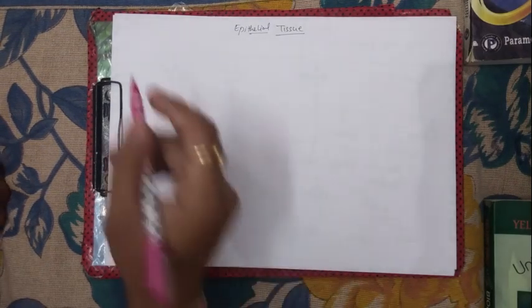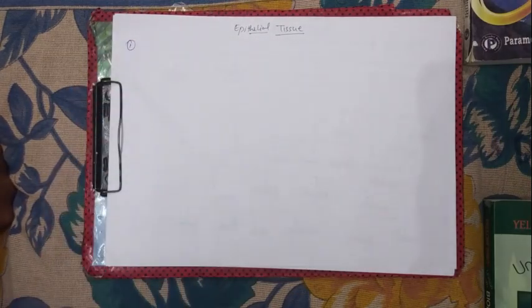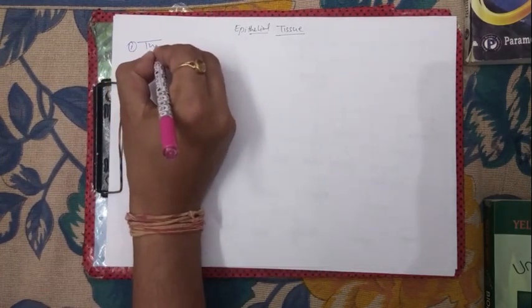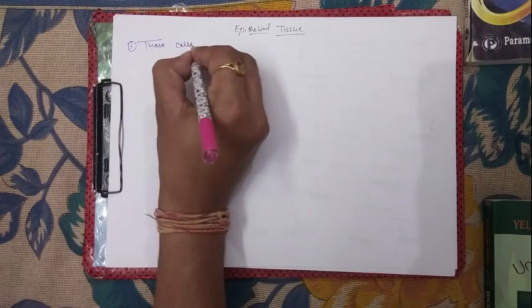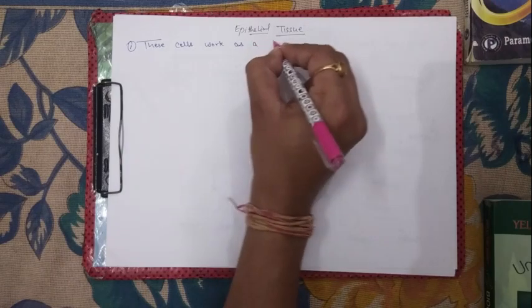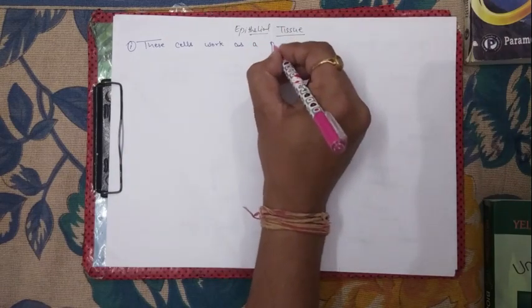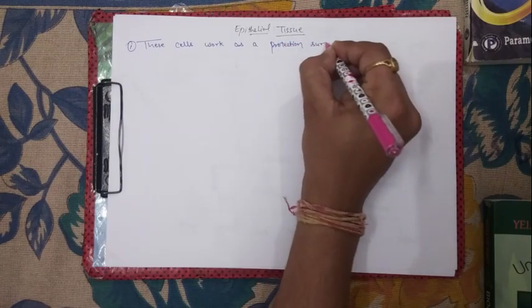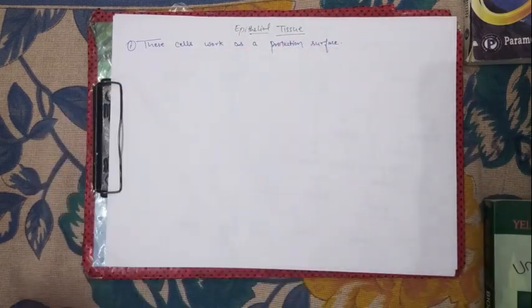Now the epithelial tissues. The properties or functions of epithelial tissues: firstly, these cells work as a protection surface, which means they work as protection.